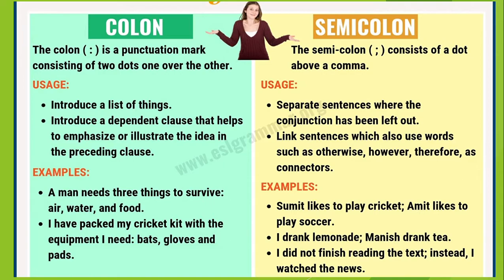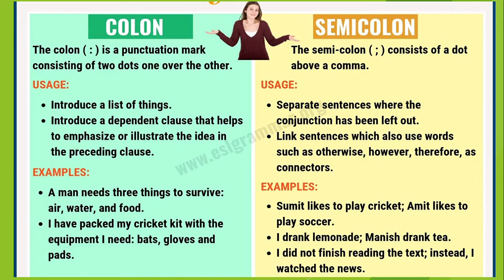A dependent clause is a clause that when I separate it, it doesn't have a complete idea, or it doesn't make any sense by itself. I'm going to explain a little bit more below, okay? And we emphasize and illustrate the idea in the preceding clause.